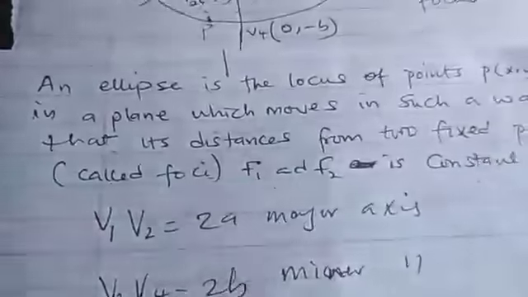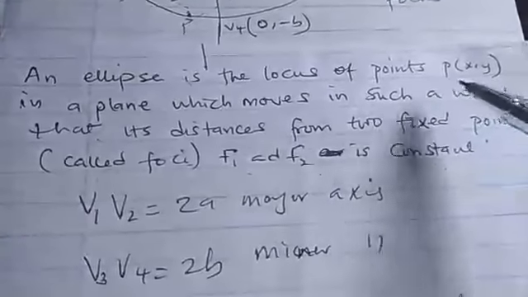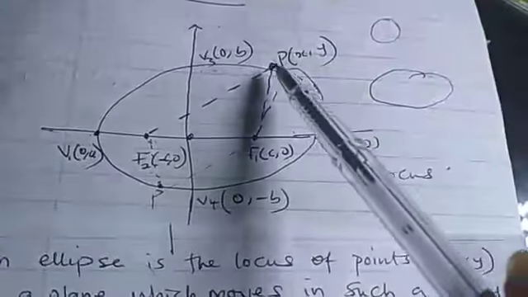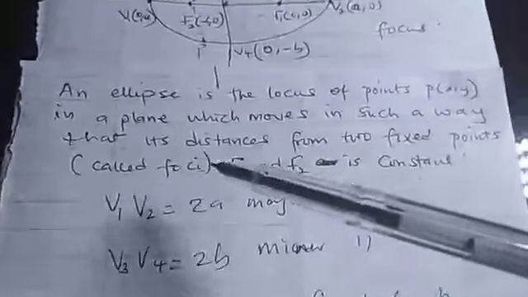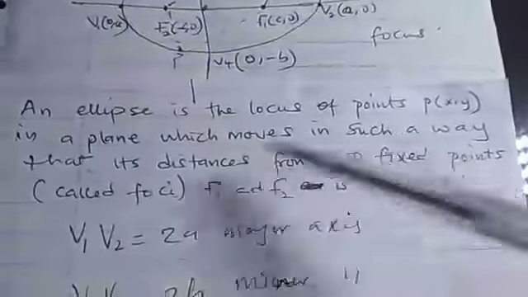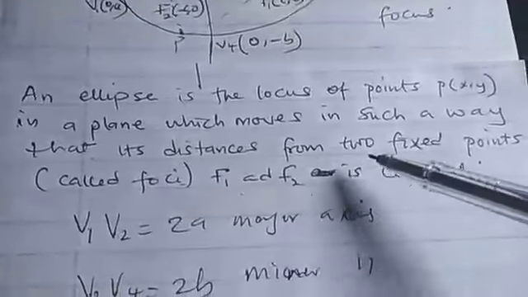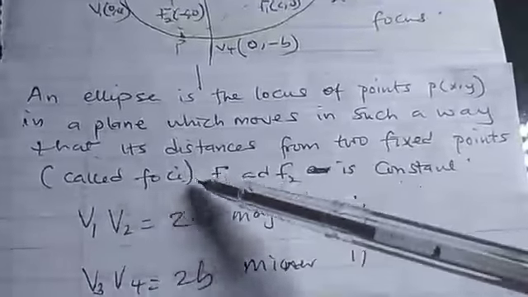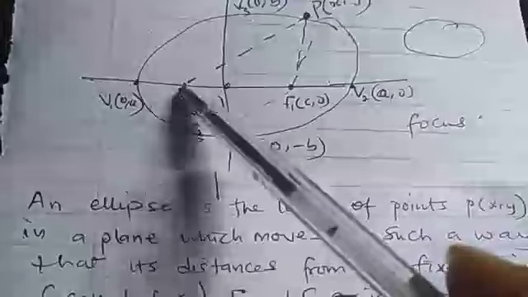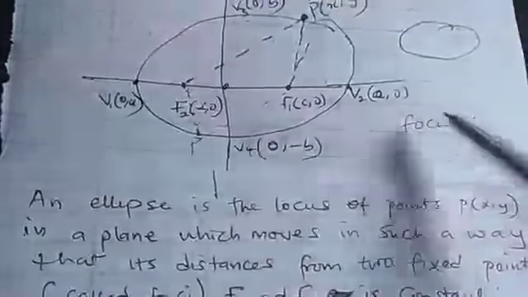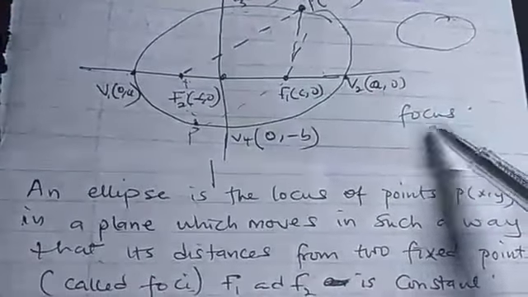An ellipse is the locus of a point moving in a plane in such a way that its distances from two fixed points, called foci, are constant. These are the two fixed points, F1 and F2. The singular is focus, while the plural is foci.